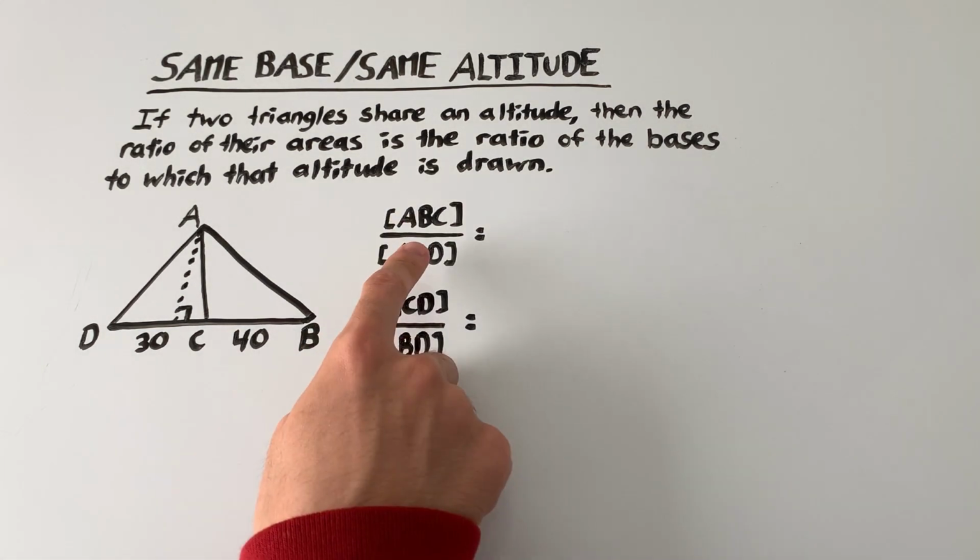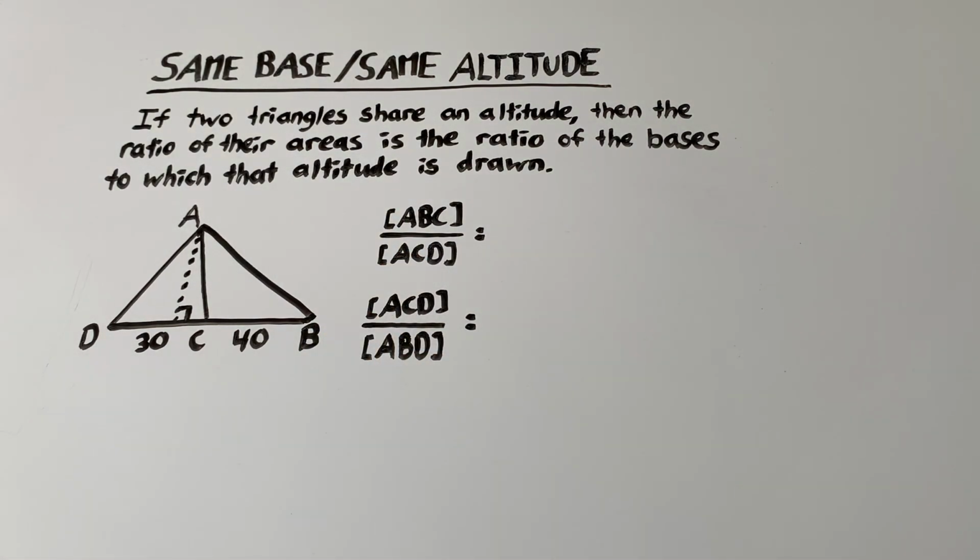So here, if we're asked to find the ratio of the area of ABC to the area of ACD, instead of drawing our triangles out like we did last time, we can just use what we know now, because that'll give us the answer much quicker.